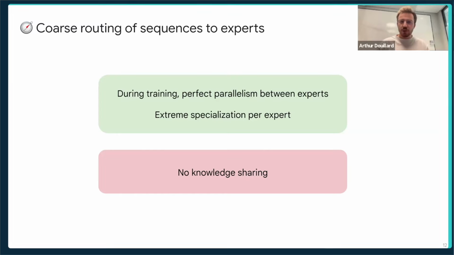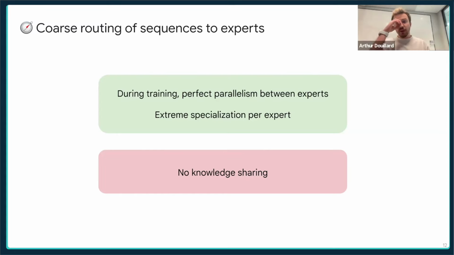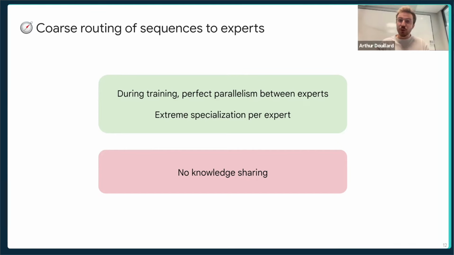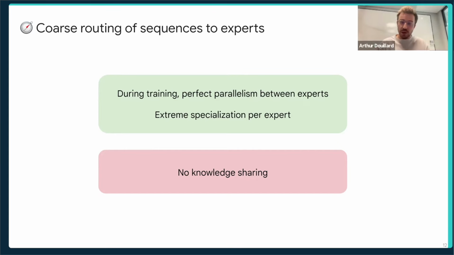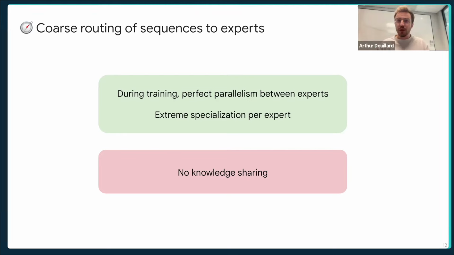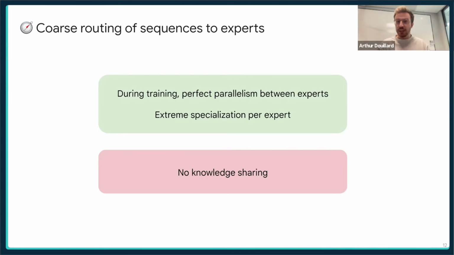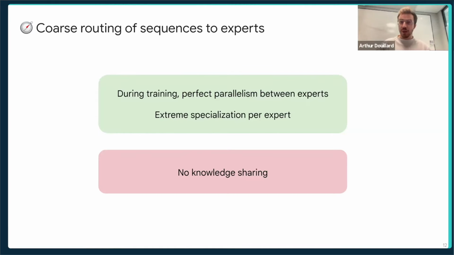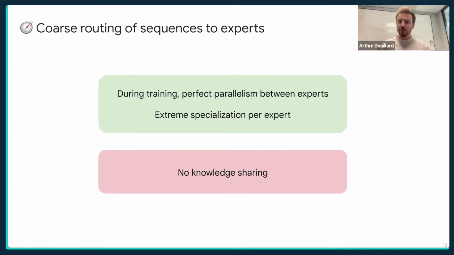This coarse routing of sequences to experts has two big advantages. During training, there is no communication at all between each path. In a classical mixture of experts, all experts are tightly synchronized. In that case, not at all, because we do the pre-sharding offline before the training, and then you can place the datasets in different locations across the world where each path is, and you have perfect parallelism.